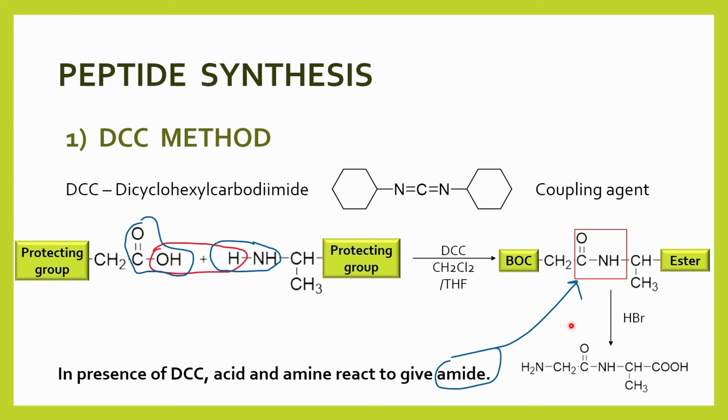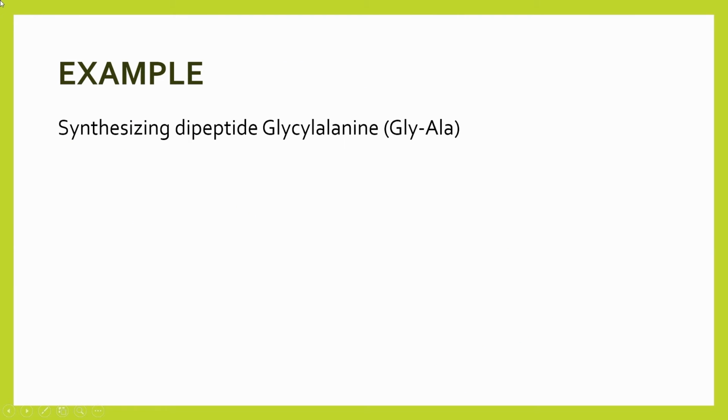So in the next slide, we'll take an example of two amino acids and make a dipeptide out of them. In this example, we will have a thorough understanding of how a peptide chain is formed. For simplicity, I have taken a dipeptide glycyl alanine, which is made up of two amino acids, glycine and alanine. So let's begin.